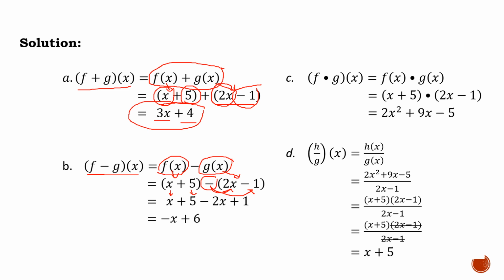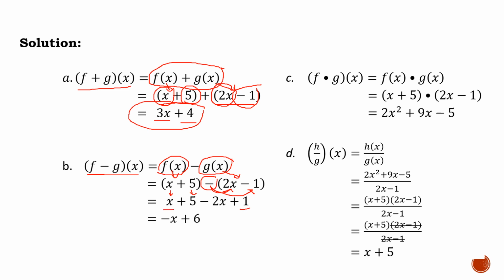So negative multiplied by 2x, so that will be negative 2x. So negative multiplied by negative 1 is equal to a positive 1 because negative multiplied by negative is a positive resulting value.